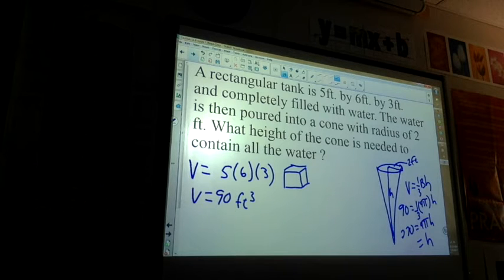It's 12.5. So 270 divided by 4 pi, the answer is 21.5. So 21.5 feet.